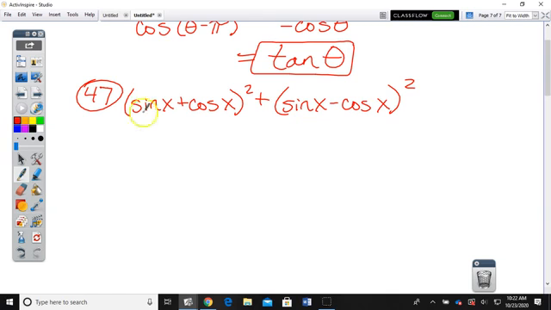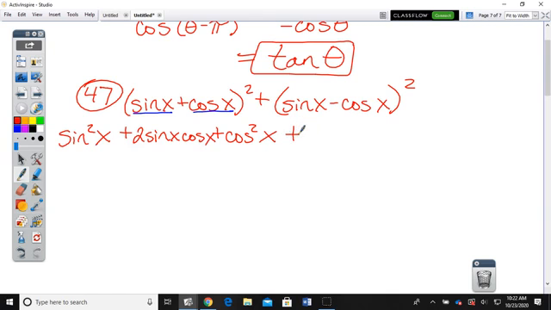So if I square the first one, sine squared x, and I square the second one, cosine squared x, and in the middle, I multiply those two together, sine x times cosine x times what? 2. I get 2 sine x cosine x. And that just saves me from having to rewrite it and distribute and all that. Again, it's a shortcut. You don't have to do it. If you need to write it all out, please do so. I'd rather you get it right.